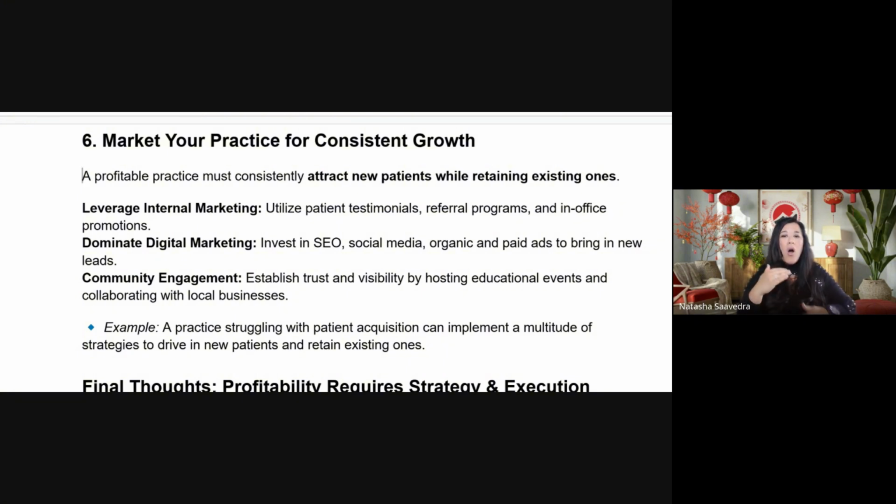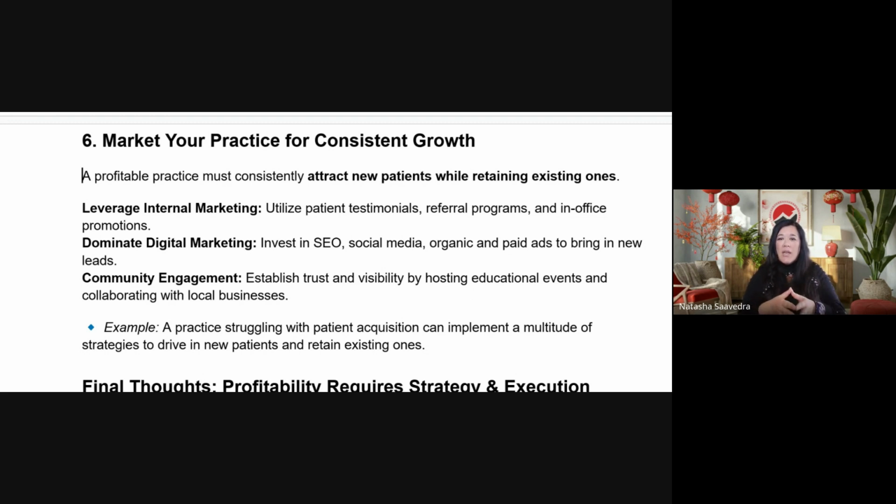So all that we're doing every single day is to educate patients, to get them to take up the service so their lives can change, and then to retain them so that they understand that your office is going to be the first line of defense if they're not feeling well physically, if they're fighting off a cold, anything else, that your office is the first place that they come. This is where patient retention starts.